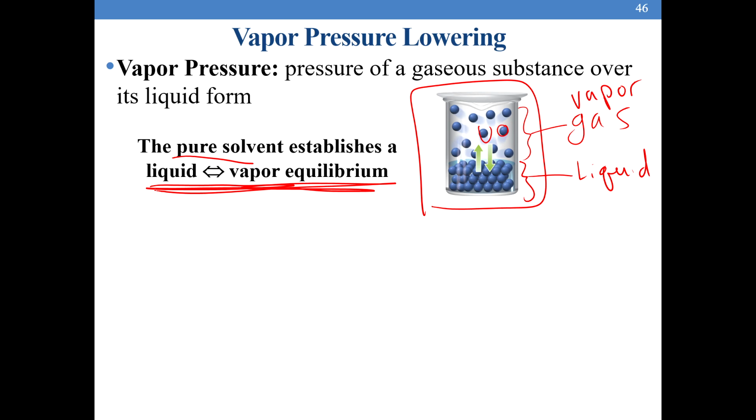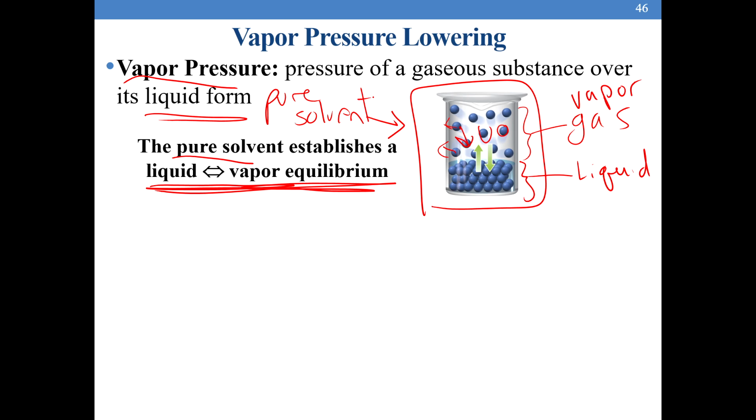That equilibrium has a certain amount of pressure because remember, gas particles hit the wall of the container. They could potentially hit each other, and then they're also hitting the liquid beneath the gas, okay? That is your vapor pressure, the pressure of a gas over its liquid form. So once again, just to make a note, pure solvent in that beaker.